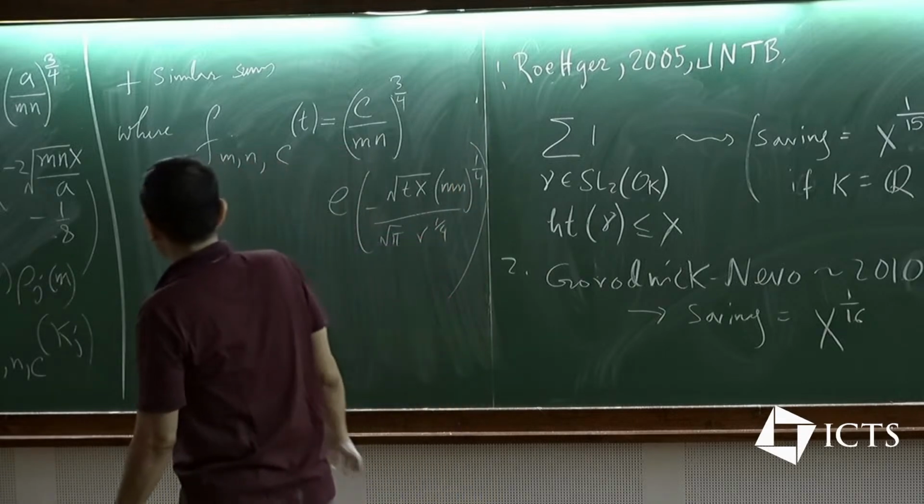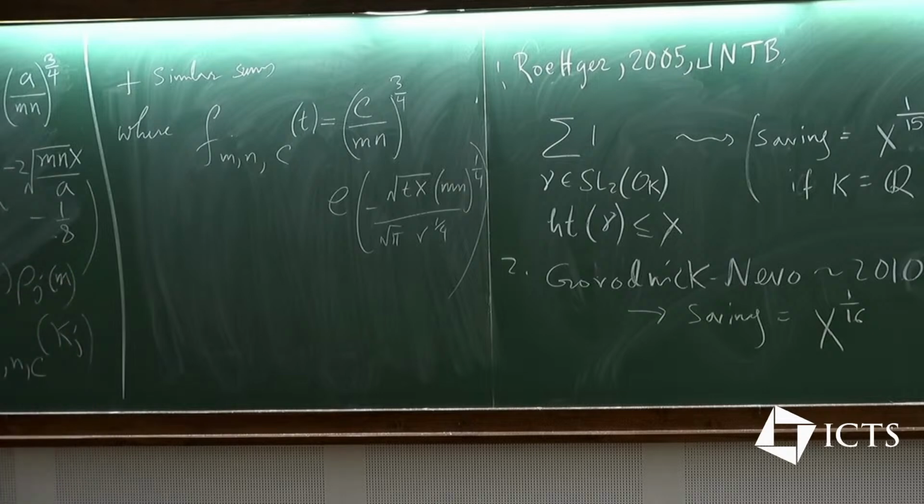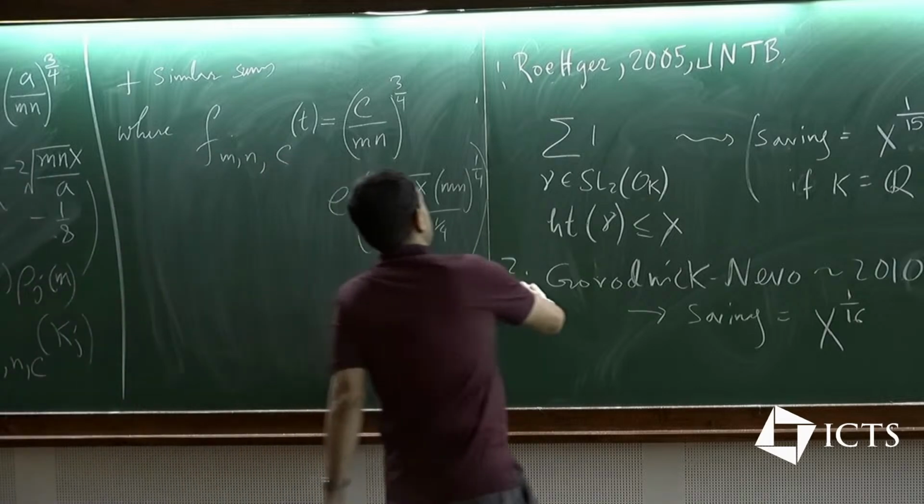All right, and then, I forgot to say before that once you get the Kloosterman sum, you can apply the Weyl bound. And then the bound you get, if you just apply the Weyl bound, will be x to the power 7 over 4. So let me write it here.